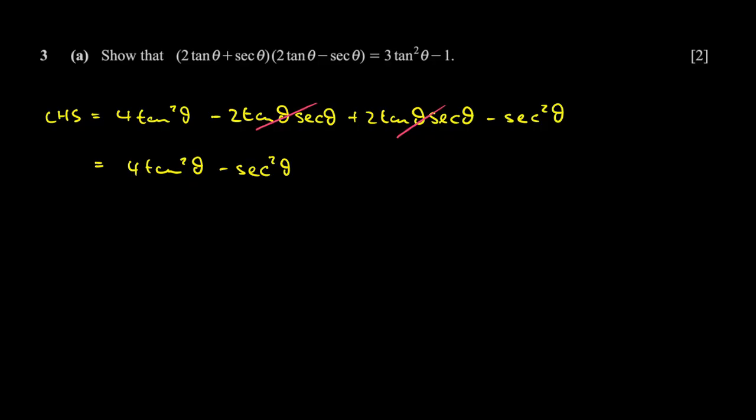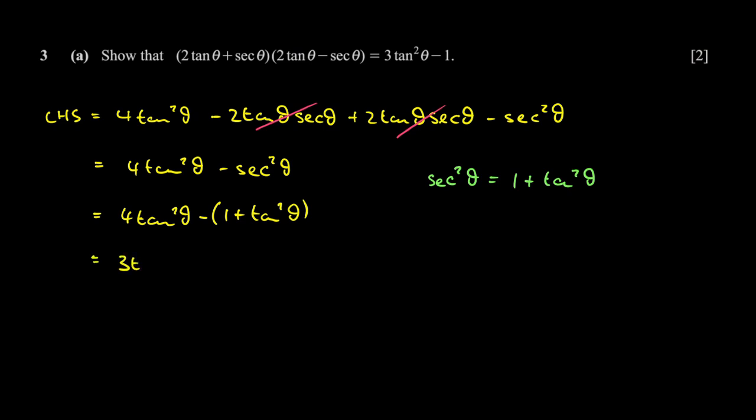And the identity is that sec squared theta is equal to 1 plus tan squared theta. And so we just substitute that in. So we end up with 4 tan squared theta minus (1 plus tan squared theta). And that gives you 3 tan squared theta minus 1, which is what we're asked to show.